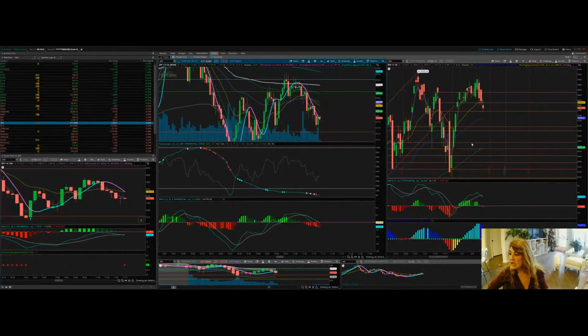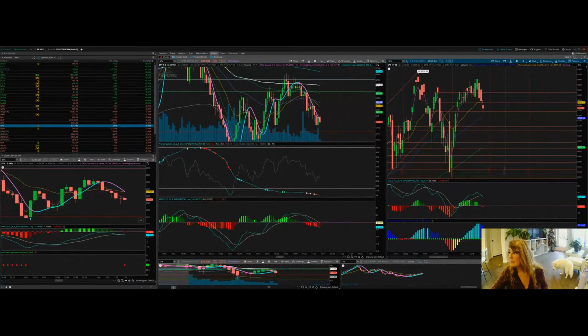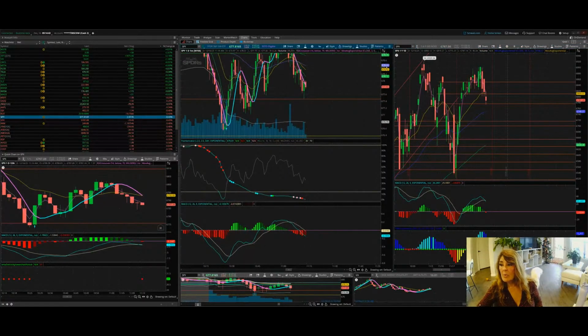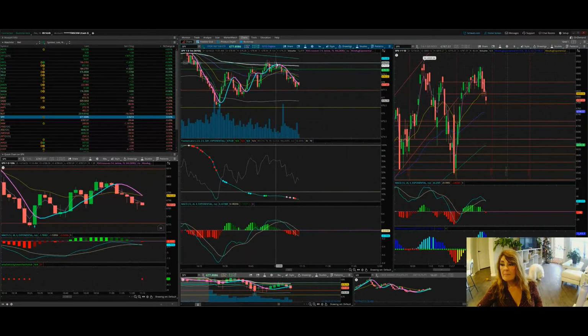All right, we'll go back to talking about our big picture analysis. All right, now it looks like it could come down some more, but one of my rules is I don't like to trade the same move twice.